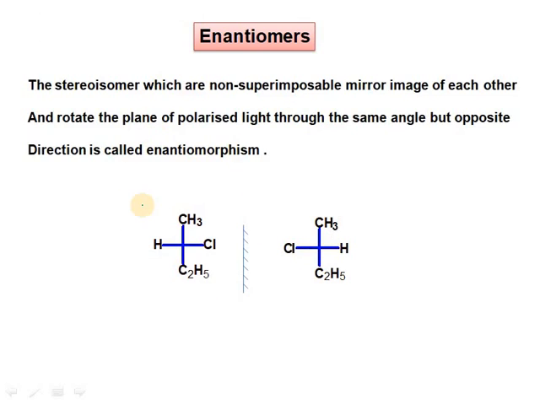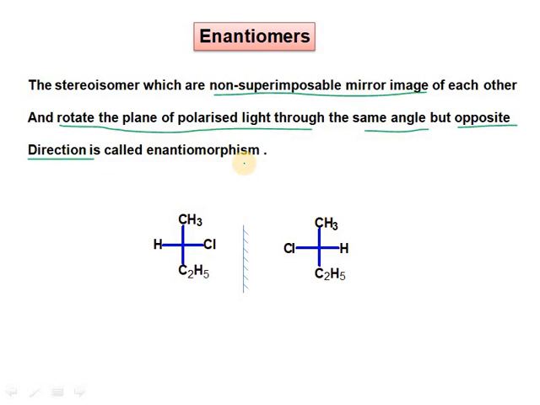Now we are going to discuss enantiomers. Enantiomers are stereoisomers which are non-superimposable mirror images of each other, and they rotate the plane of polarized light through the same angle but in opposite directions.